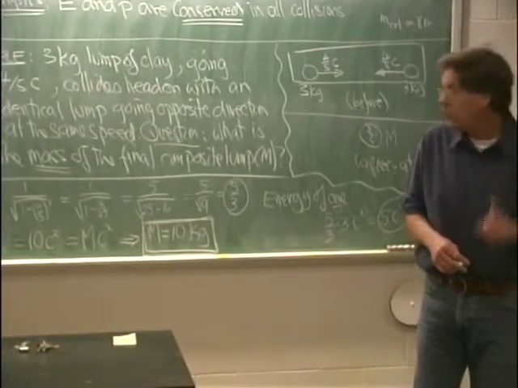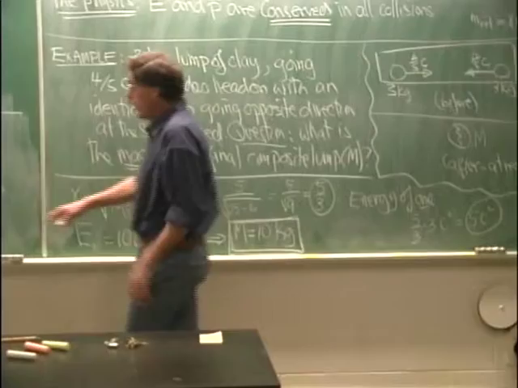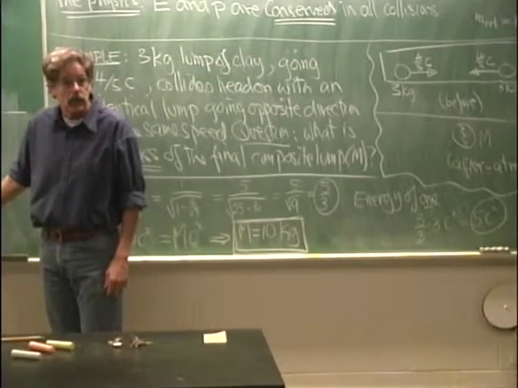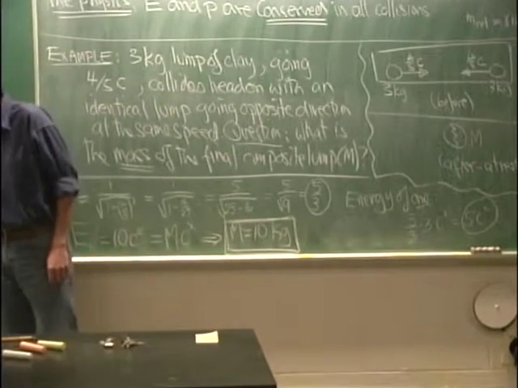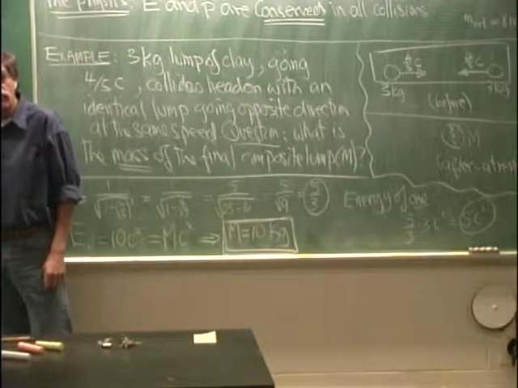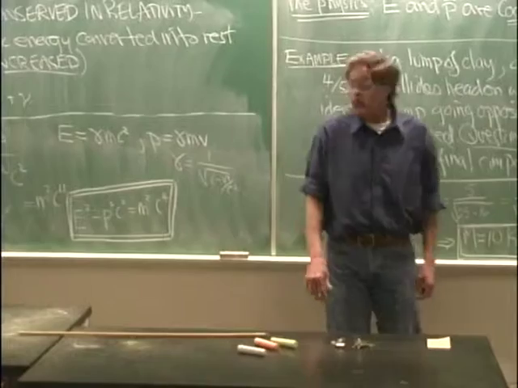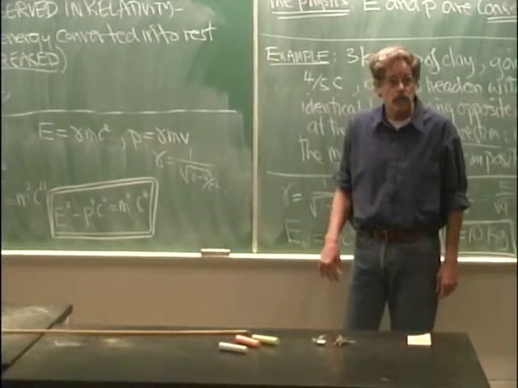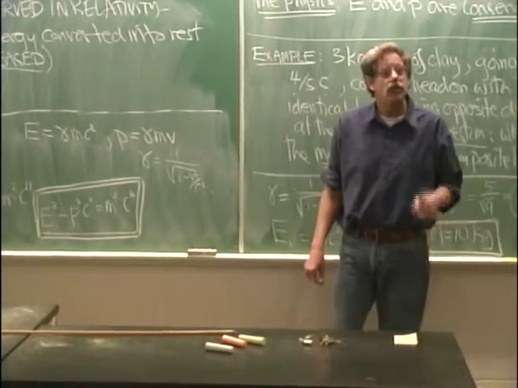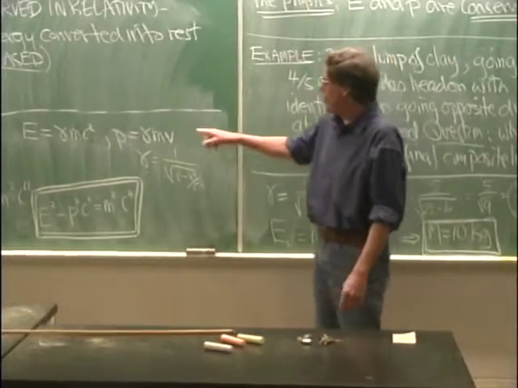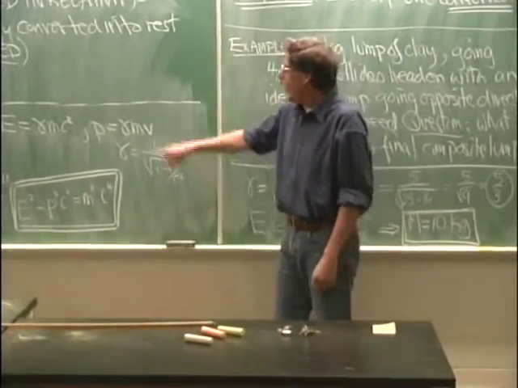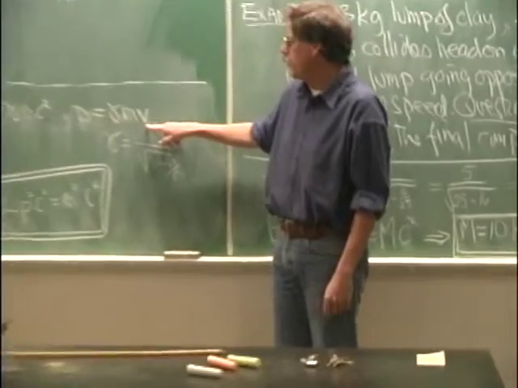There is a wonderful trick for avoiding lots of it, and that is to remember this formula here. Why? Because this enables you to calculate E if you happen to know p, or p if you happen to know E, directly, without you ever having to figure out what v is. Suppose you knew p, and you wanted to know E. Naively, you would say, well, here's the formula for p.